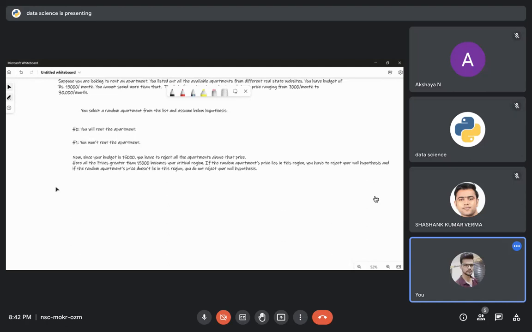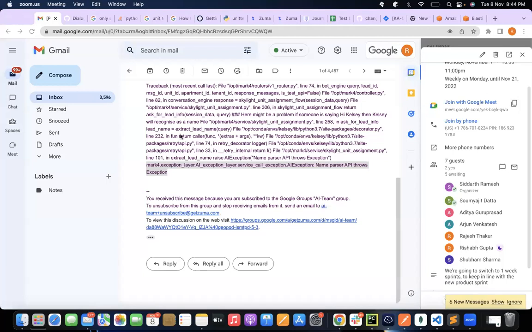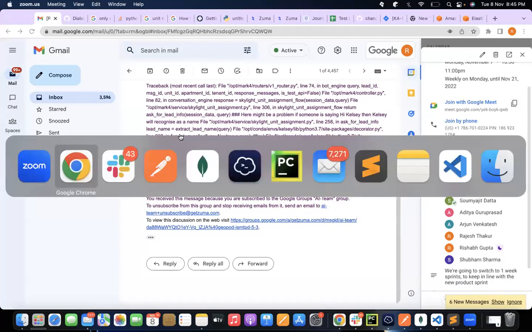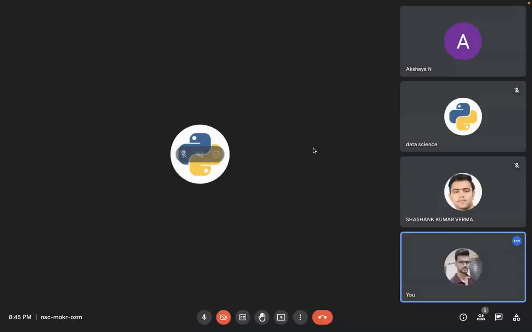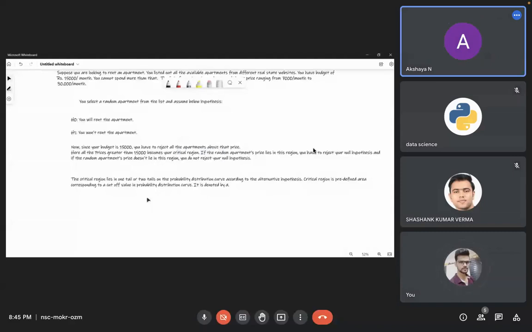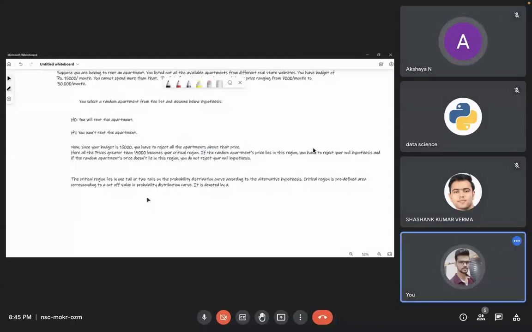First, tell me, this hypothesis testing is what? Is it one-tailed testing or two-tailed testing? Wait a minute. Where is my screen? Is my screen visible to you? Okay, cool, thank you. So the critical region.